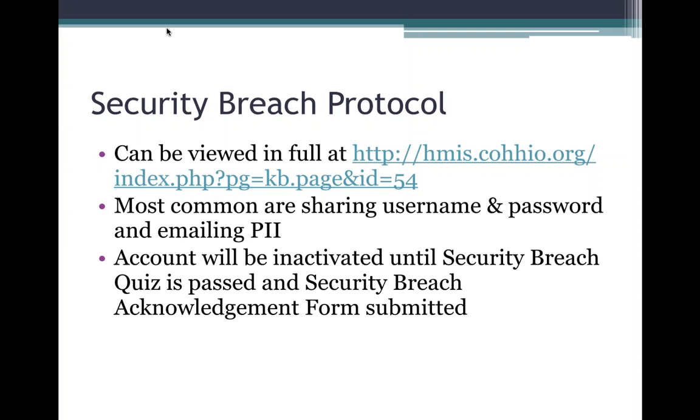It's a little bit shorter and specific around just the client protection and security measures. You also have to complete the security breach acknowledgement form, which has to be signed by your supervisor or executive director, depending on your position. And that has to be received by the HMIS staff before we can reactivate your account.